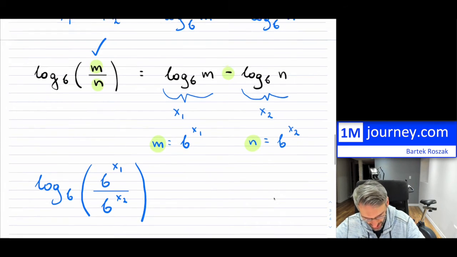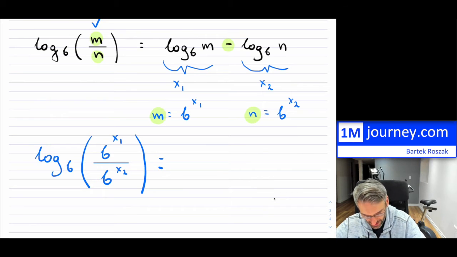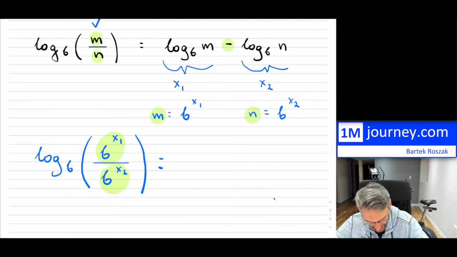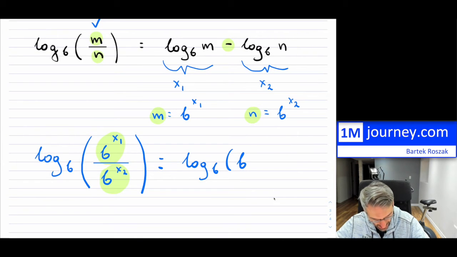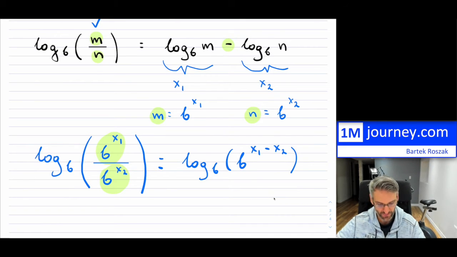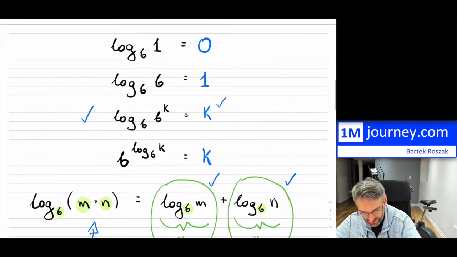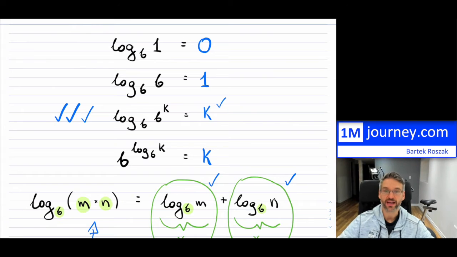But hey, hold on, wait a minute. Inside of our bracket right there, I have the same base. So that means I can subtract my exponents, and this will just be log base b of b^(x1 - x2) because of the division. And once again, I run into this great property right here, where log of the base to the exponent k is just equal to the exponent.